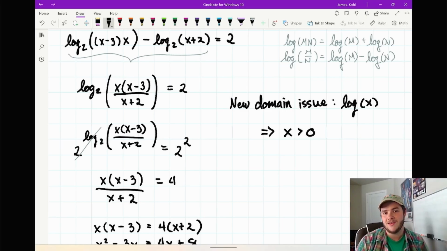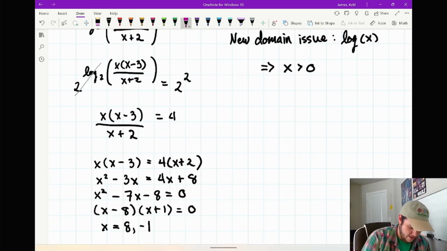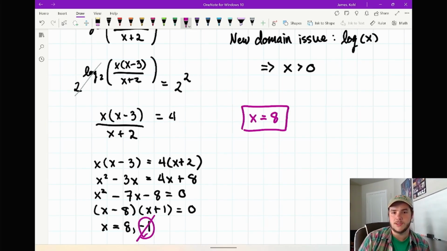Or excuse me, it has to be strictly positive. So it cannot be negative 1. Negative 1 is what we call an extraneous solution. x equals 8, on the other hand, is still good to go.